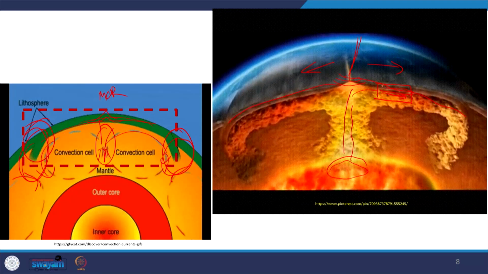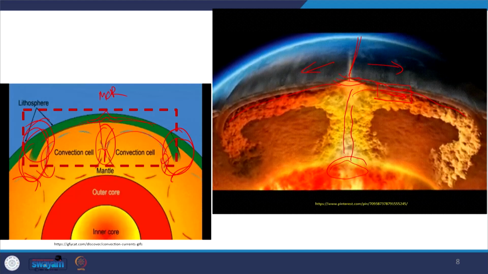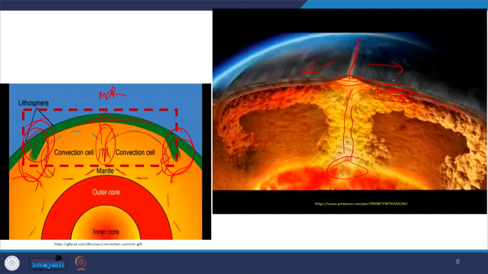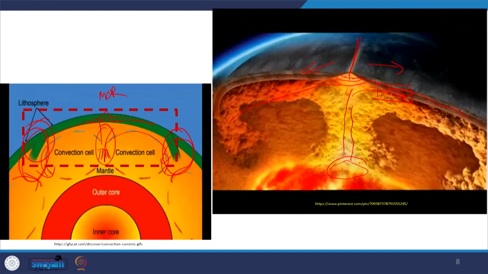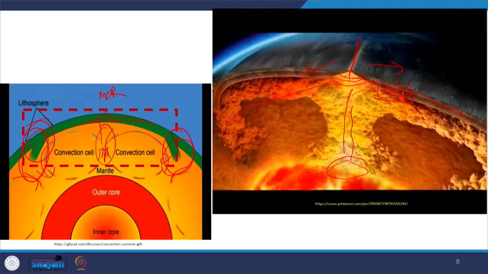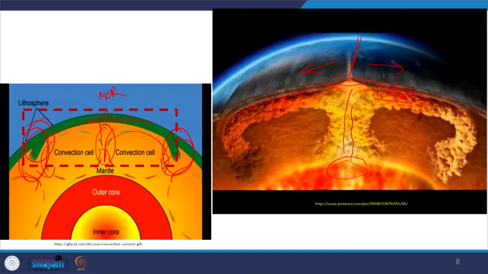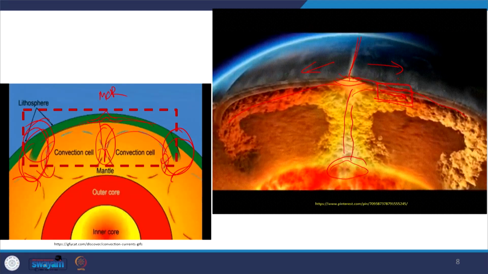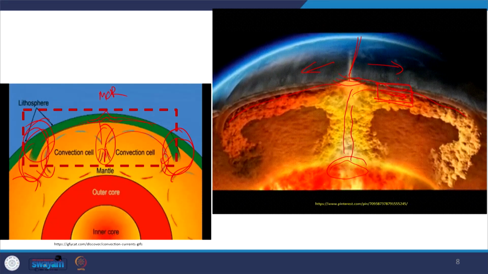So, there are shear zones, a shearing motion that depends upon the change of rate of motion between these two, whether it is moving at the same rate as the mantle material or at a different rate. That defines what type of shear zone will be developed and how intense the shearing will be. Anyway, there is a shear zone along this boundary.